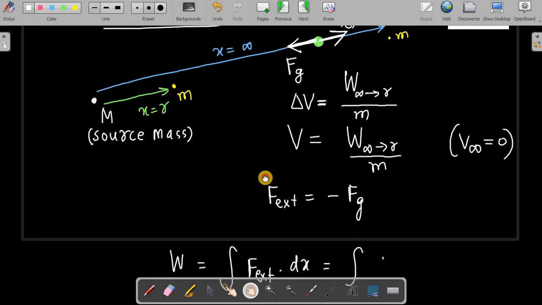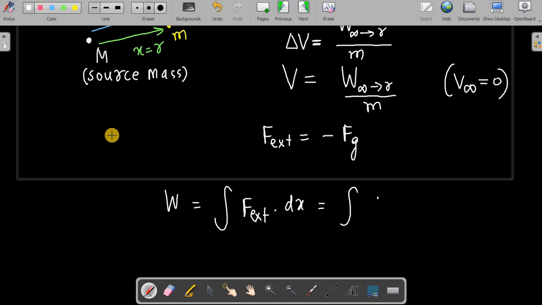If you take the gravitational force as minus GMm by x square, because minus represents an attractive force, then minus of this will become plus GMm by x square.